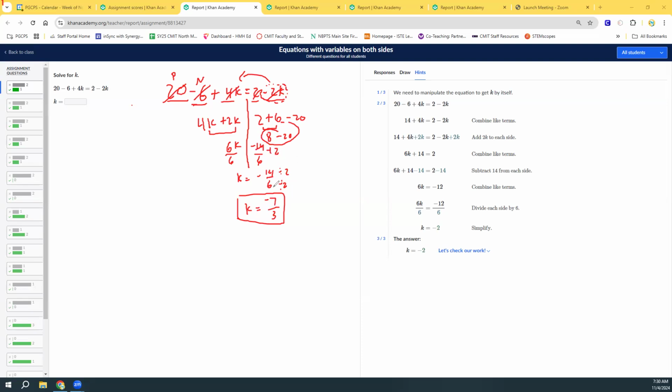So just scratch all that. 6K is equal to negative 12, so K is equal to negative 12 over 6, which is negative 2.